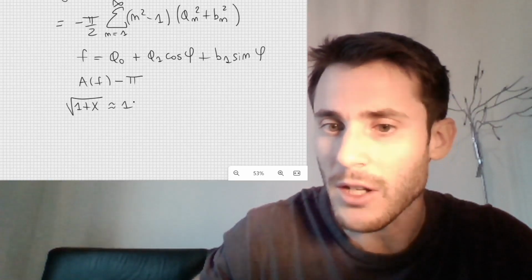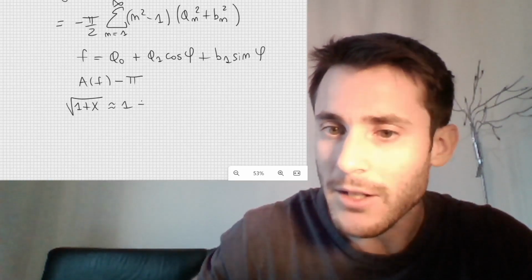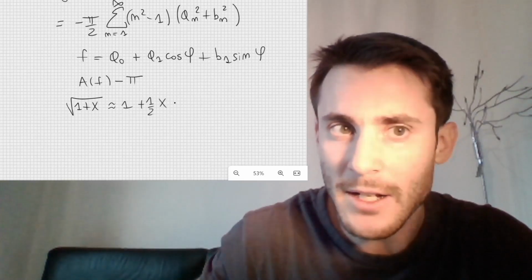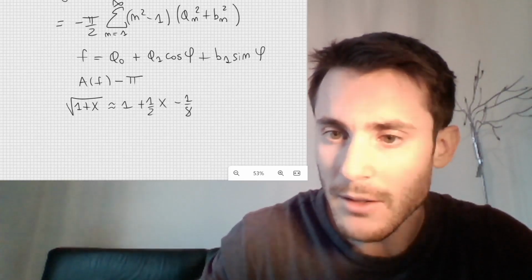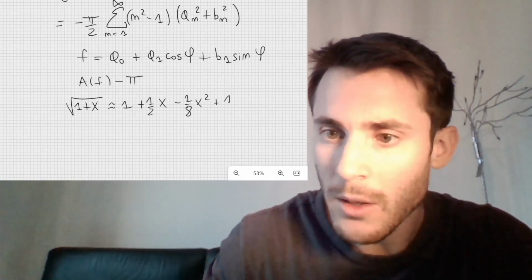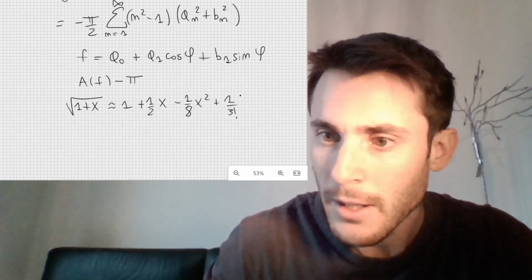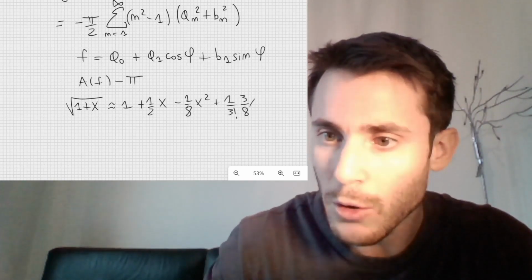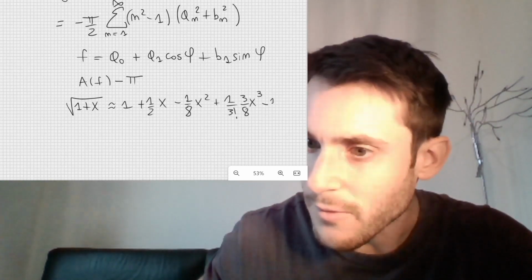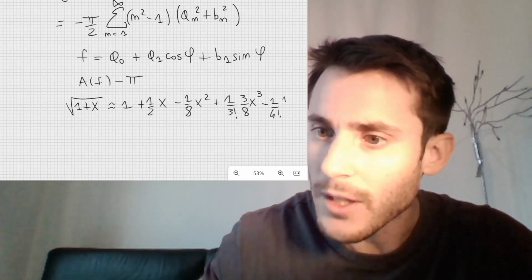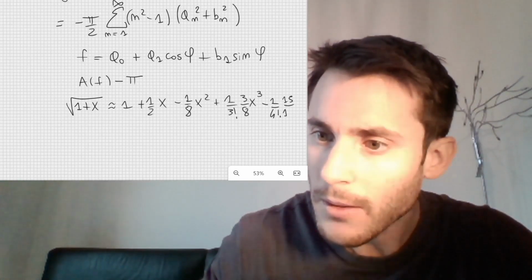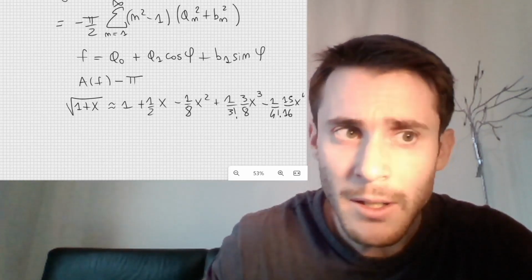So in particular, in this case, we should write 1 plus 1 half times x minus 1 over 8 x squared plus 1 over 3 factorial times 3 over 8 x cubed minus 1 over 4 factorial times 15 over 16 x to the fourth power.